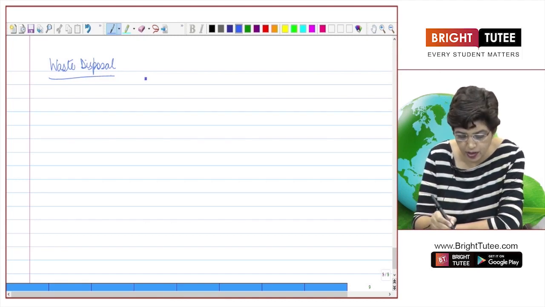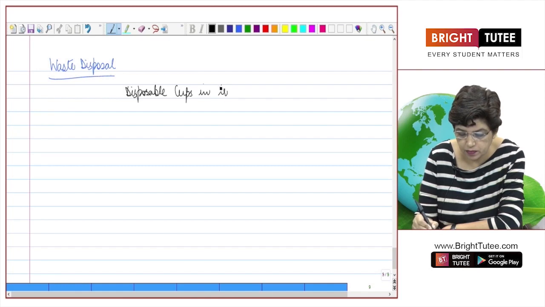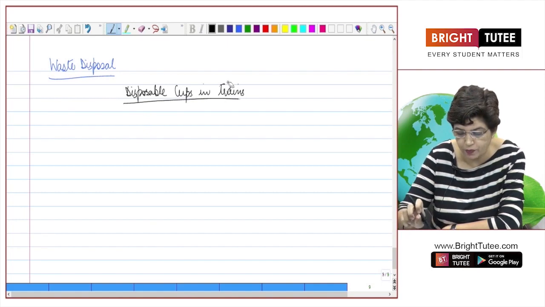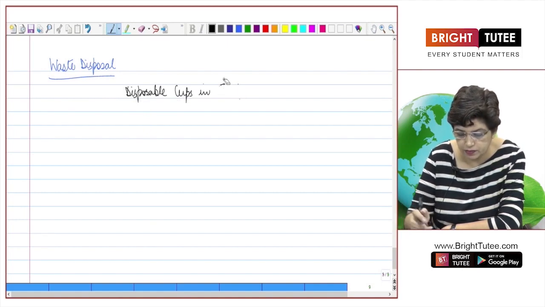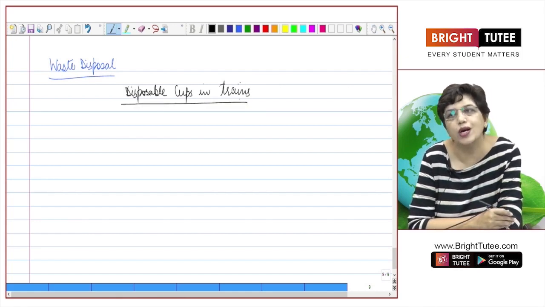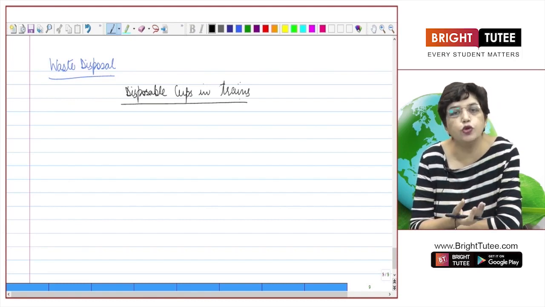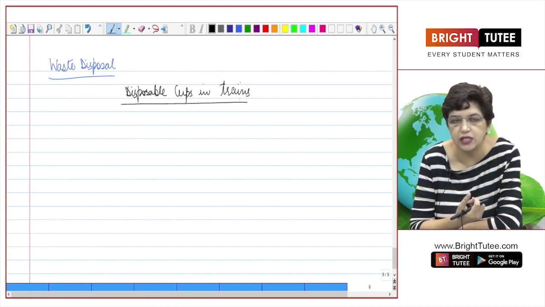I will give you an example of disposable cups in trains. Millions of passengers travel in trains every day. Earlier, the tea vendors used to give tea in porcelain or plastic cups which were to be returned to the vendor after having the tea.